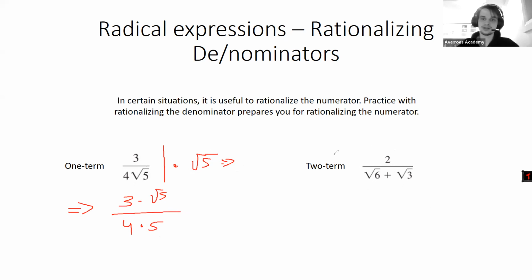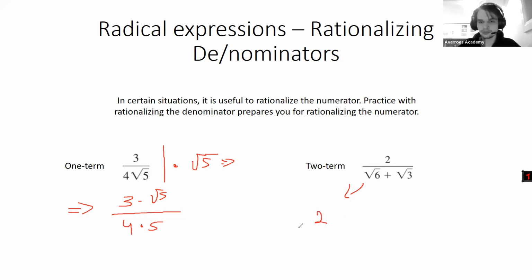Can you guys give me an example of how you would transform this two-term expression? Would you add it? Add the first. So you would add root 6 plus root 3 to the top and bottom. So you'd write... Can I write it? I can write it.